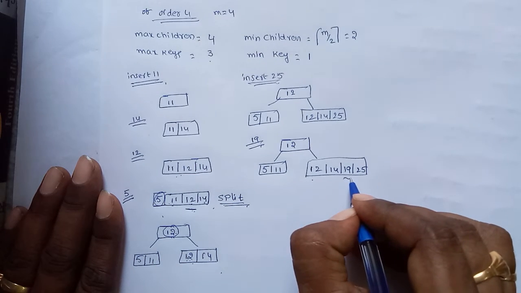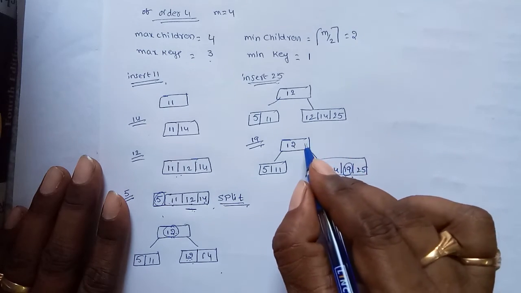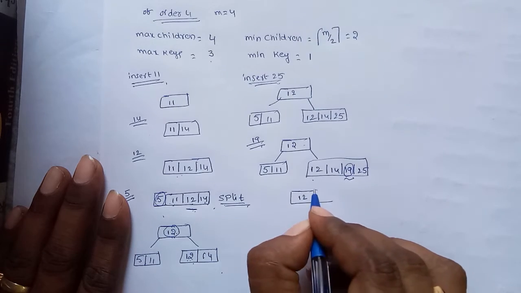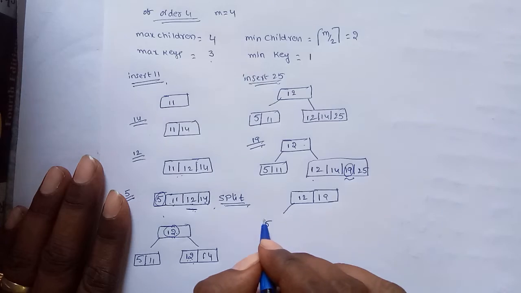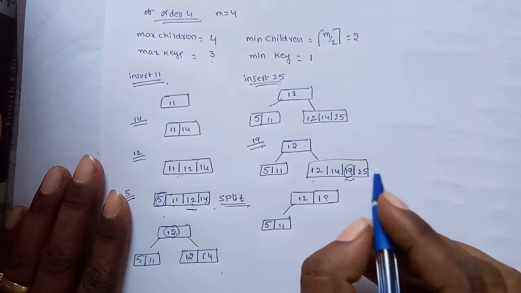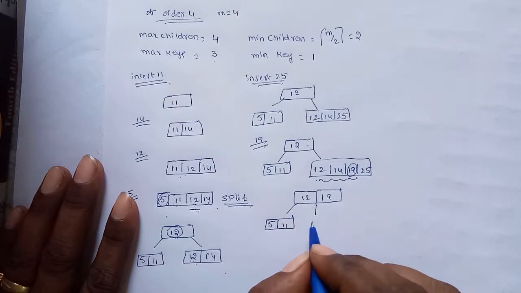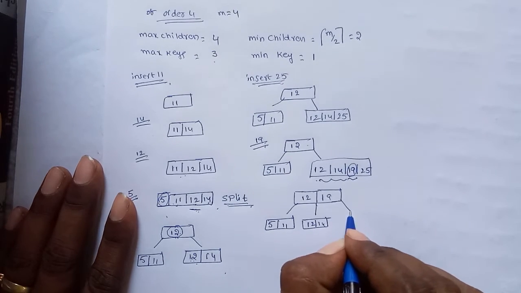What will we do? Move 19 to the root. So, whenever we move 19 to the root, the left side is no problem, 5 and 11. This 12, 14 becomes the left child, and the other node becomes the right child. What is the right child?